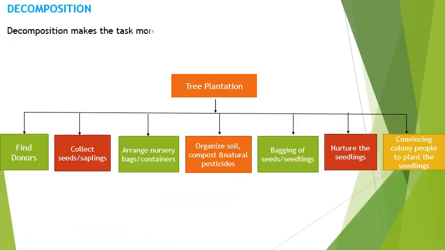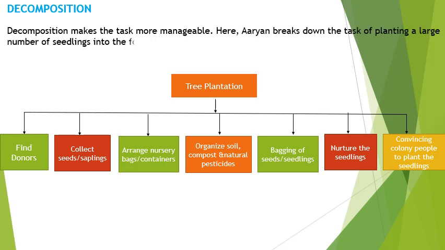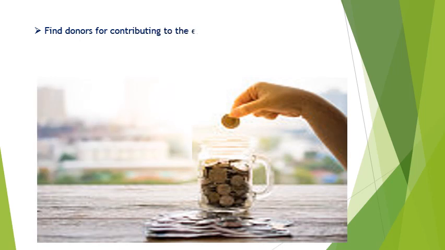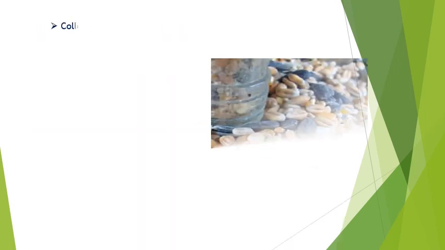Let us discuss decomposition. Children, decomposition makes the task more manageable. Here, Aryan breaks down the task of planting a large number of seedlings into the following steps to make the job more organized. Find donors for contributing to the expenses.